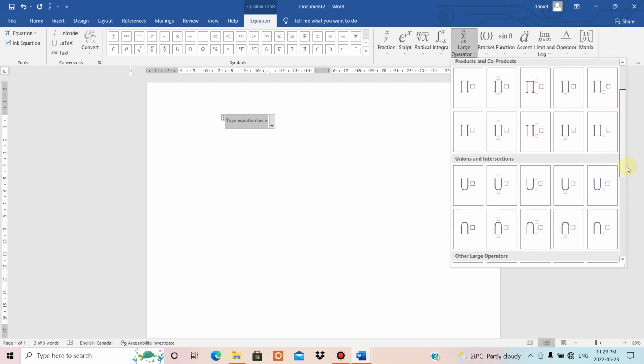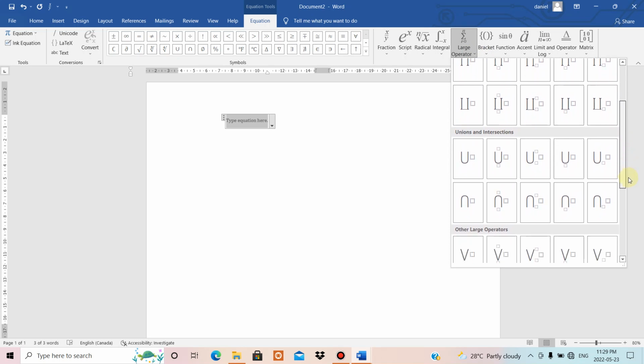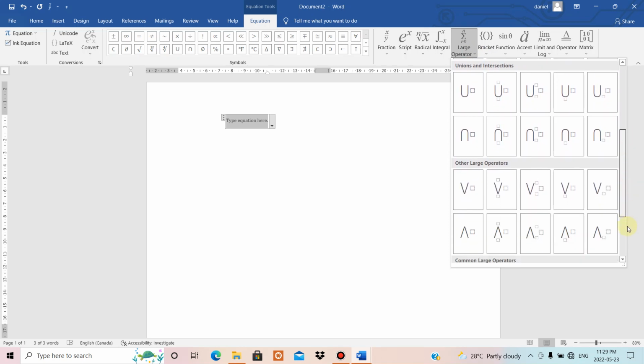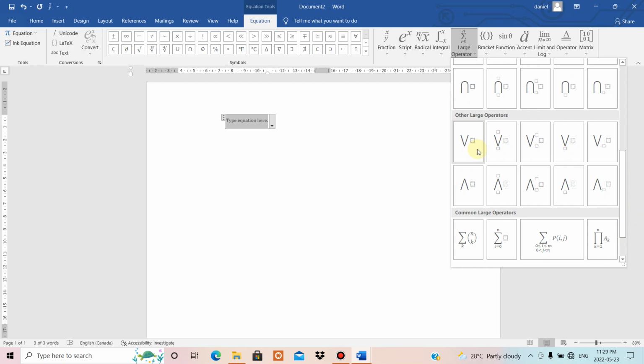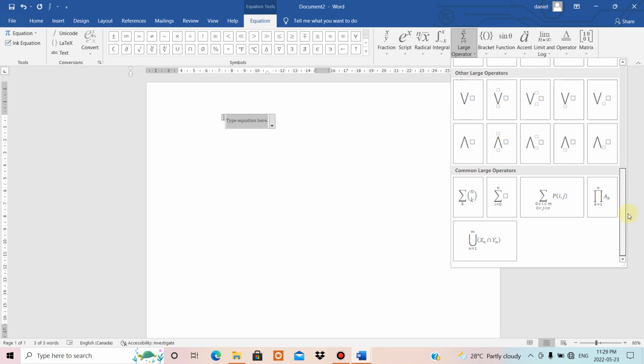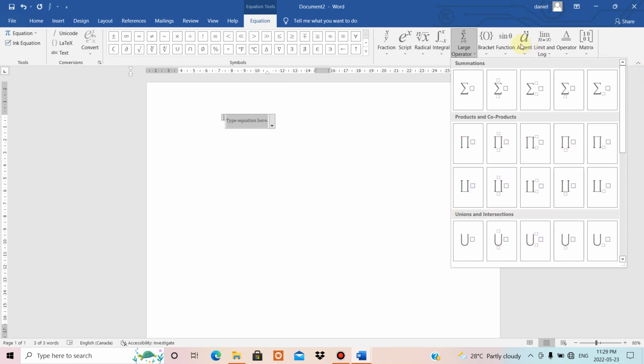This is the union and intersection. You have this sign too, and other large operators can be found in Large Operator. When you navigate to this side, you will get the summation sign here.